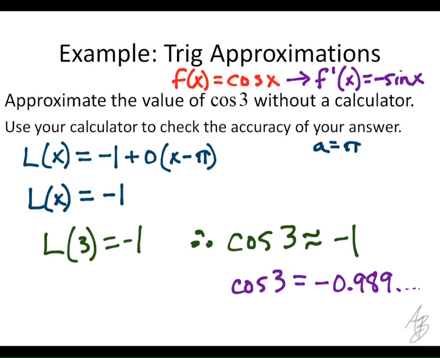Now we would use the same approximation here, and since the tangent line doesn't have any slope, all of our approximations around pi are just going to be -1. Okay. Again, as Devin suggested, we could use a second derivative to figure out about how close of an answer that's going to be also, and we'll get to that later.